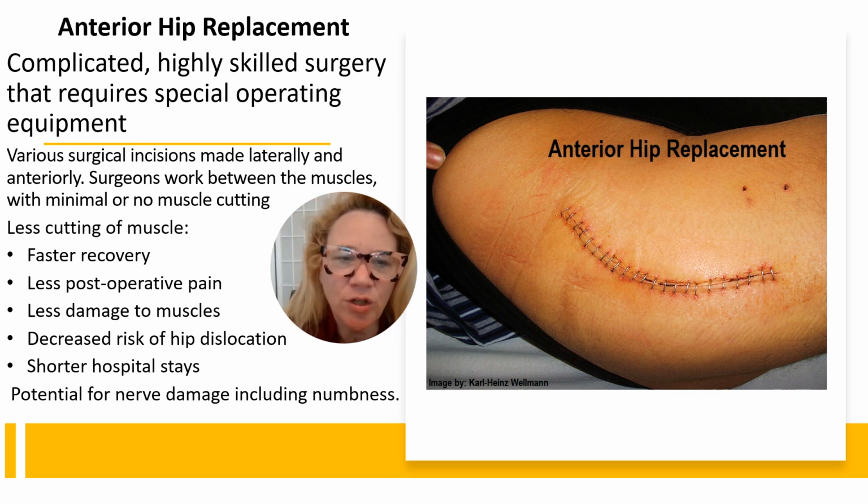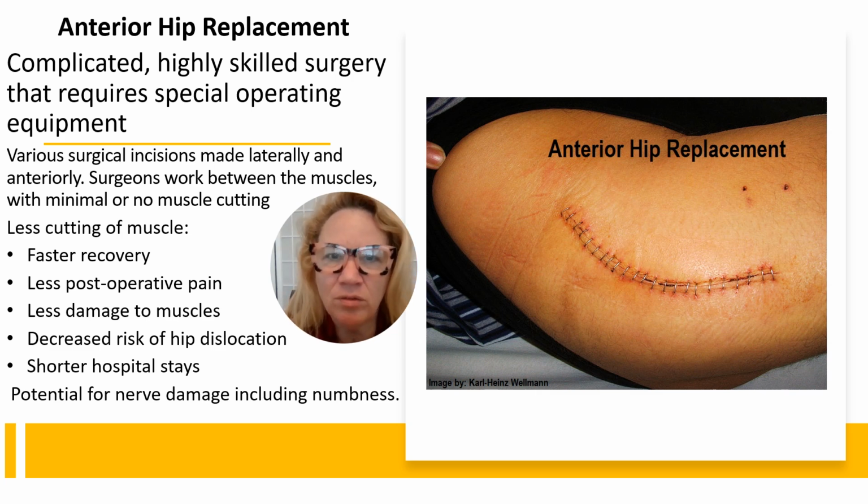It's considered a highly skilled surgery that requires special operating equipment. There's a table that is used, it has to be ordered. It's probably very expensive, that literally retracts the leg almost out of its joint. And you need that special operating table to provide these surgical hip replacements when working the anterior.